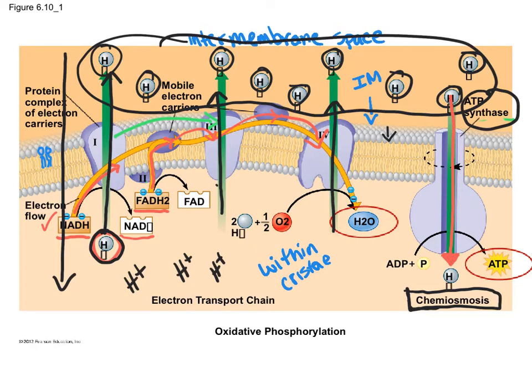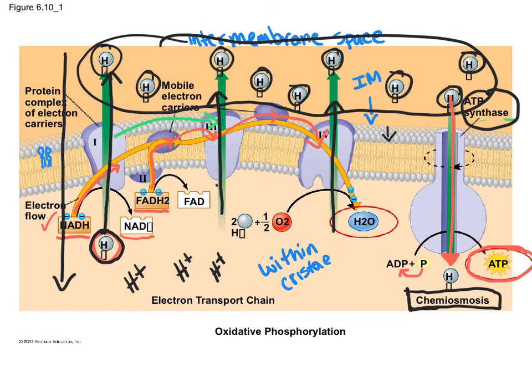And it's explained in your book that ATP synthase is like a turbine, or kind of like a turnstile going into a stadium, that as hydrogen ions pass through ATP synthase and make their way back into the cristae, the ATP synthase then kind of turns in a way, and when it does that, it creates enough energy to phosphorylate ADP. So it creates enough energy to add phosphate to ADP, and that's how we get ATP.